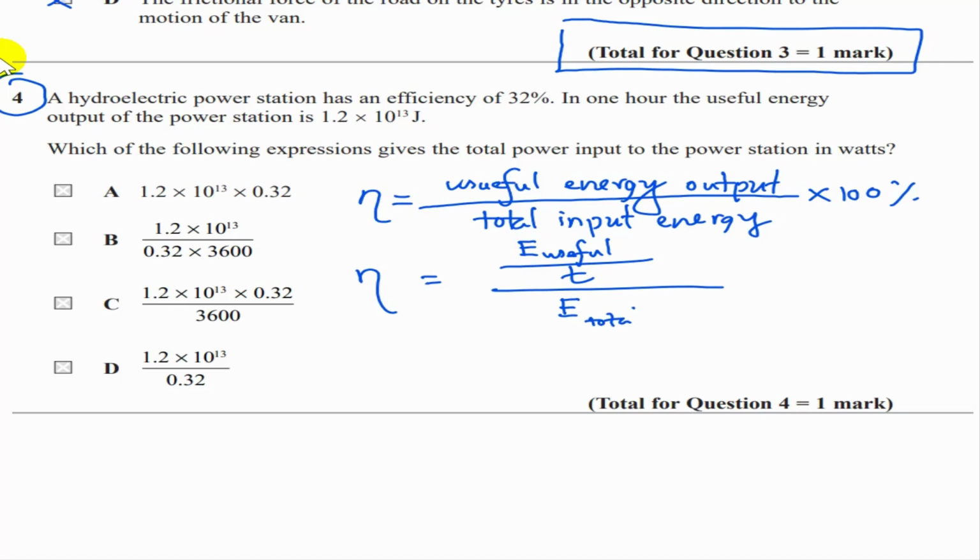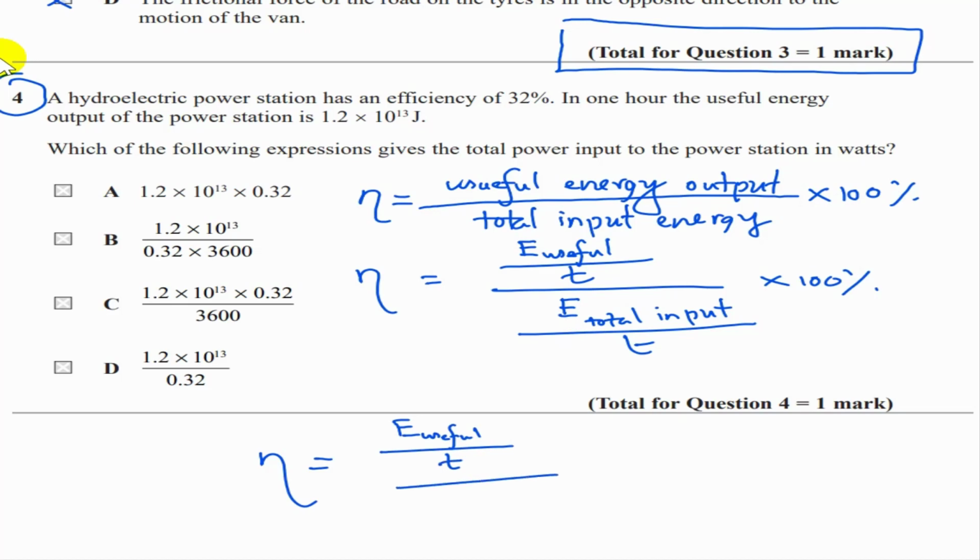Dividing by time T, we can write efficiency equal to useful output power divided by total input power into 100%. So efficiency equal to useful energy divided by T, divided by total power input, into 100%.